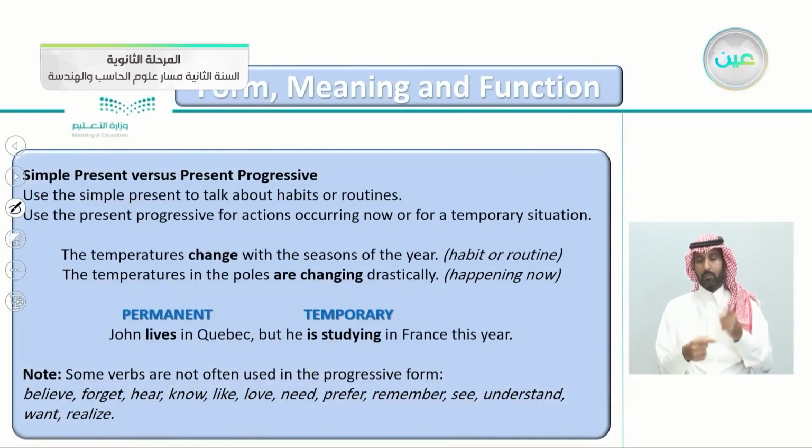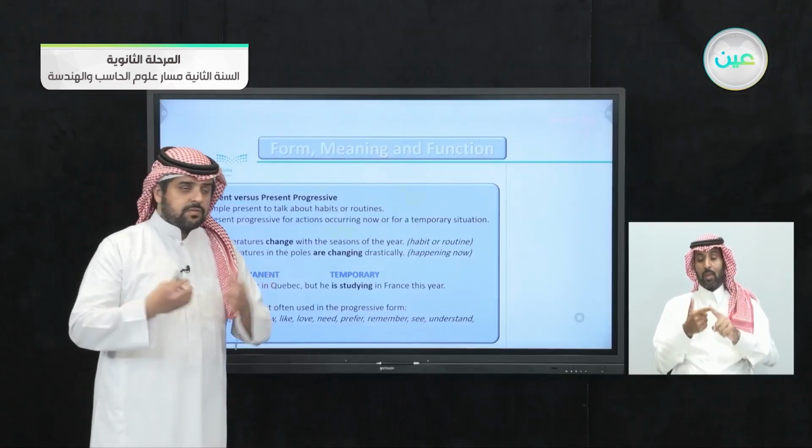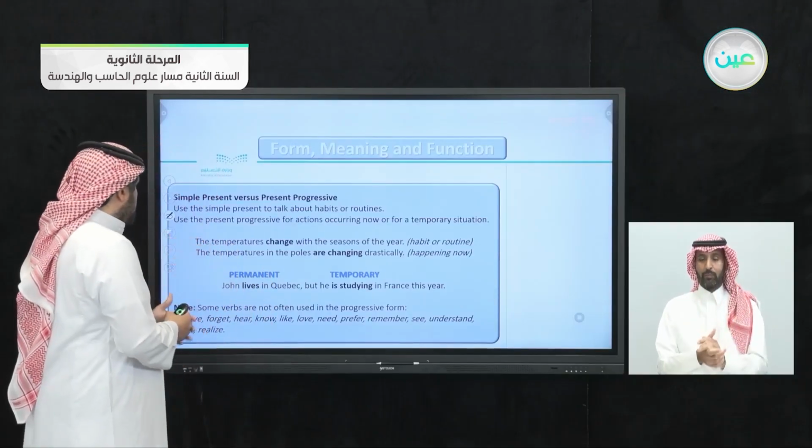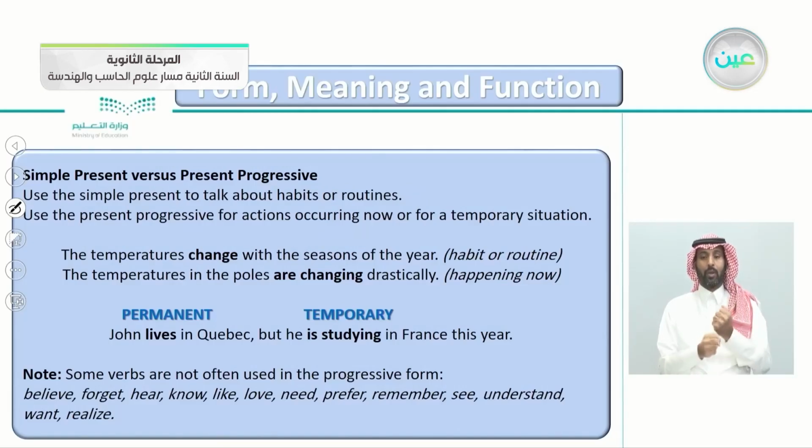The simple present versus the present progressive. We'll be learning about them. We use the simple present to talk about habits or routines. Habits, things that you do every day, or routines.